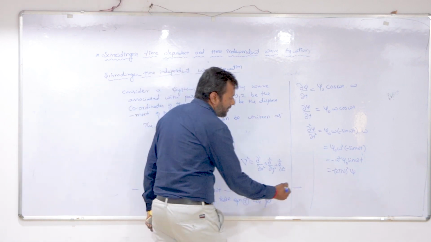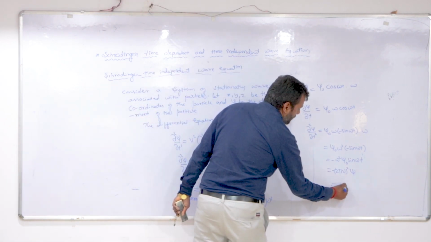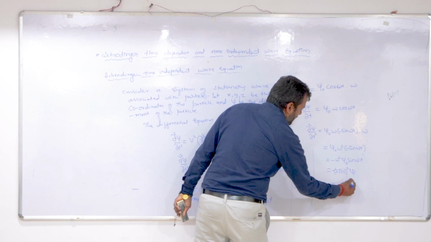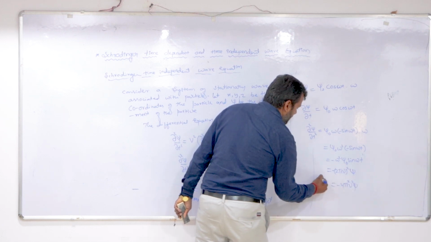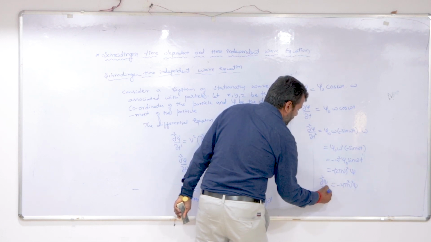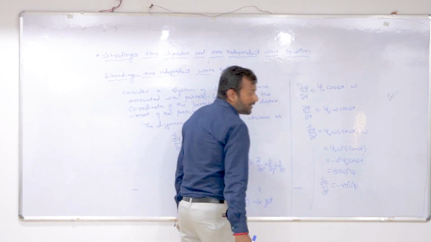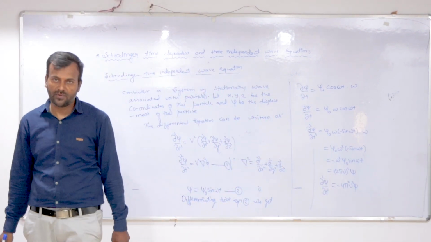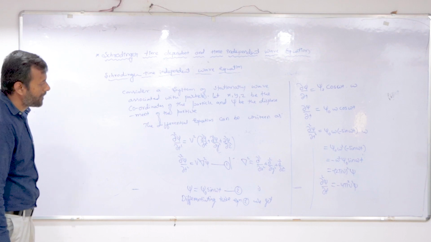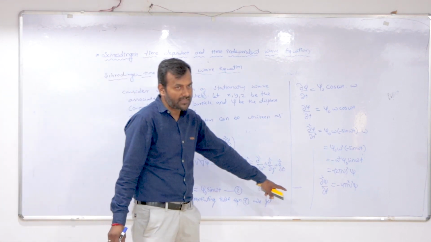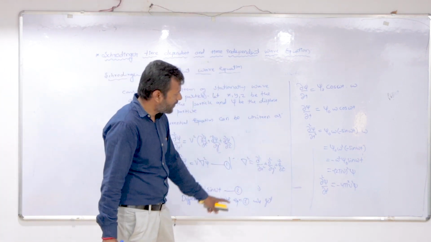So this will become minus 4 pi square nu square psi, which is dou square psi by dou t square.